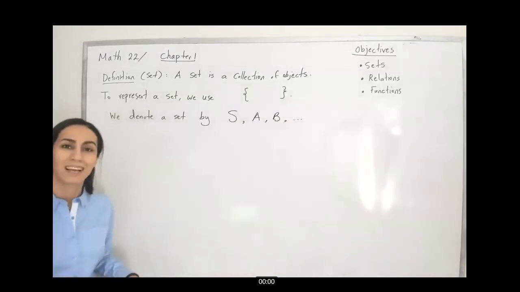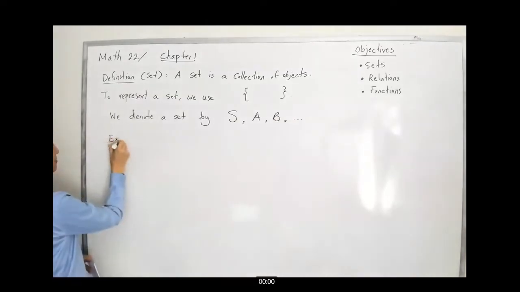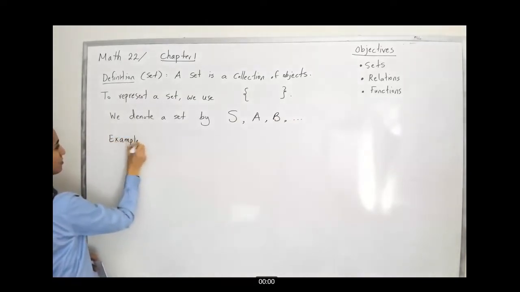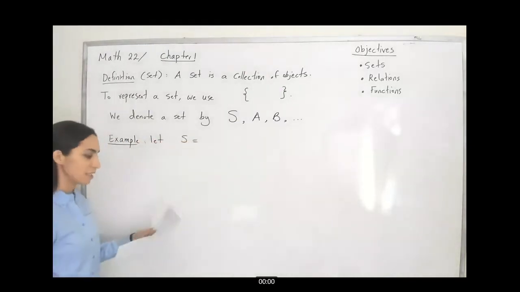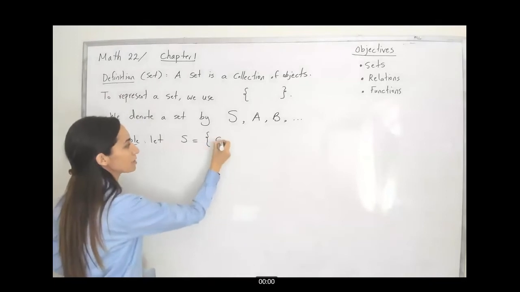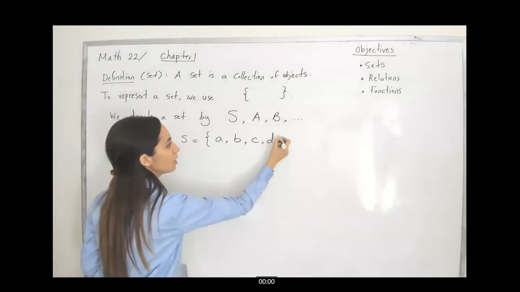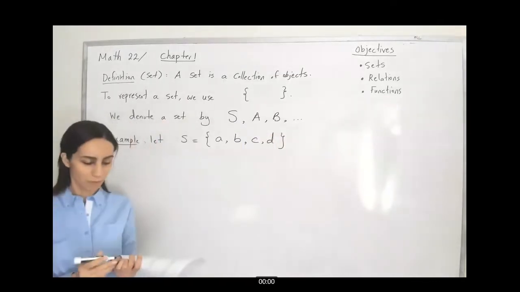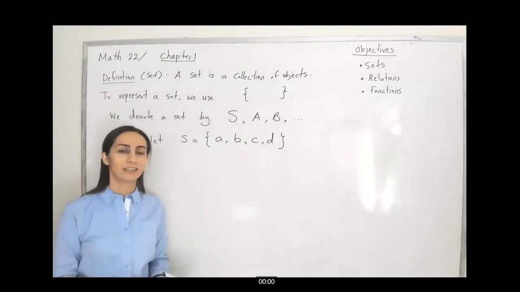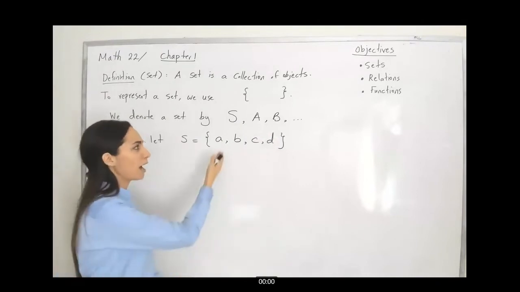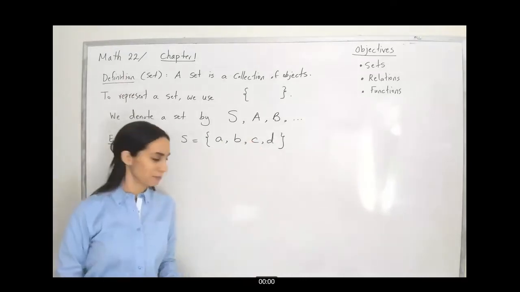Well, suppose you have a set. Let S be a set including 4 elements, A, comma B, comma C, comma D. When you see a set, you're interested in understanding how many elements are included in that set.